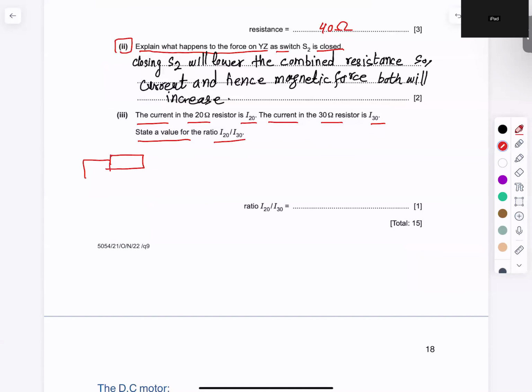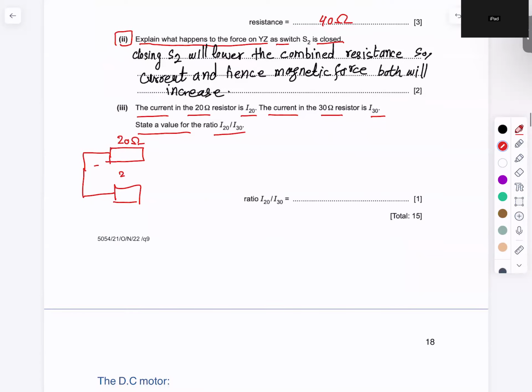So if this is the resistor of 20 ohms, and this is the resistor of 30 ohms, their volts will be equal. So if 20 ohm has V volts, then 30 ohm also has V volts.